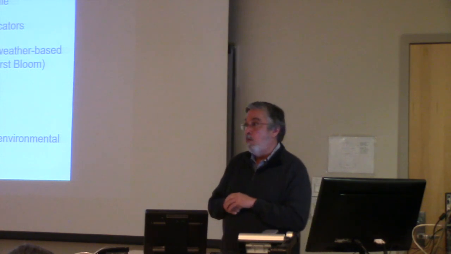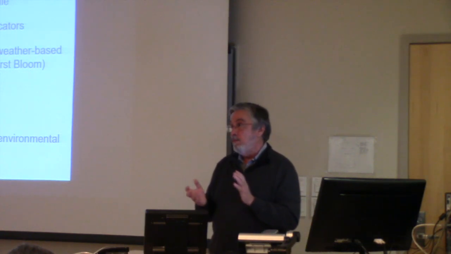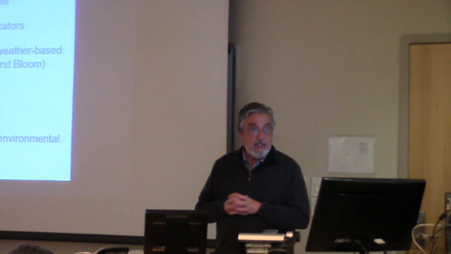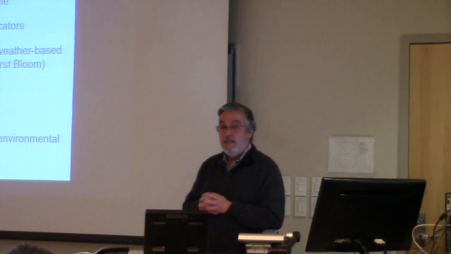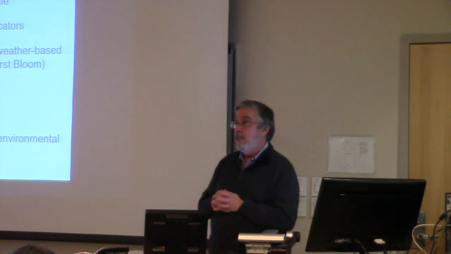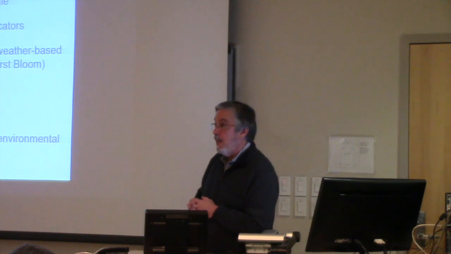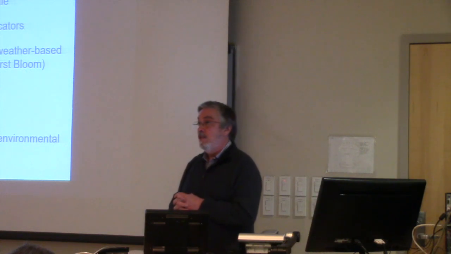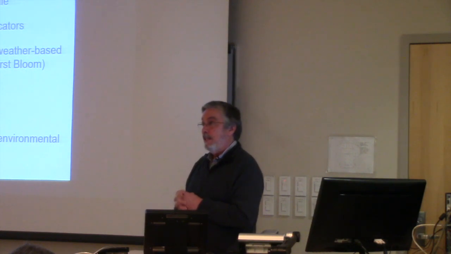So I want to provide some background, particularly in terms of the need to better monitor and understand spatial temporal phenological variations at continental scales. I do want to make a criticism of ecologists, and that is that they do almost everything locally and hardly anything at the continental scale.